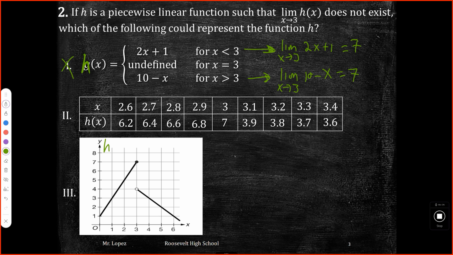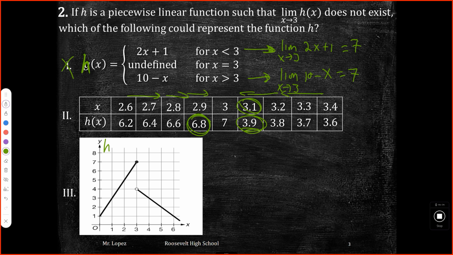Let's go to 2. As we get closer and closer to 3, the limit from the left seems to get closer to something like 6.8, and from the right, at 3.1, it's 3.9. This one seems to be that the limit does not exist, but we're not very sure what's going to happen as we get closer to 2.99 and 3.001.